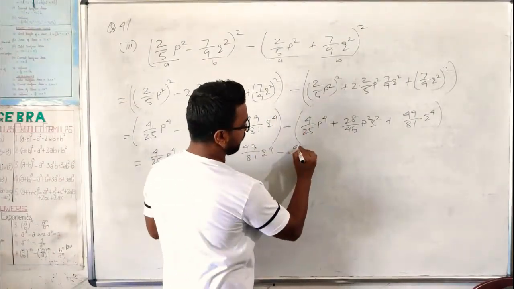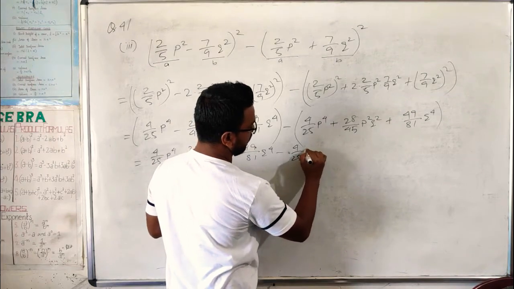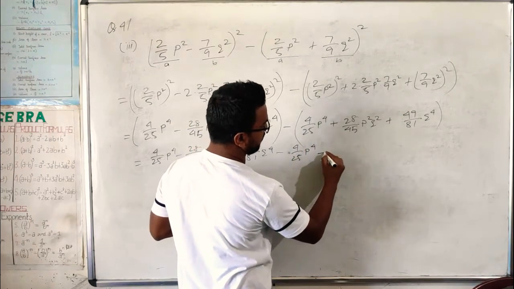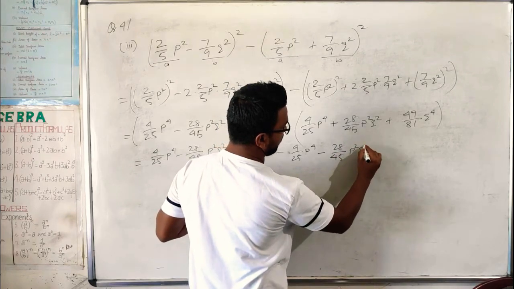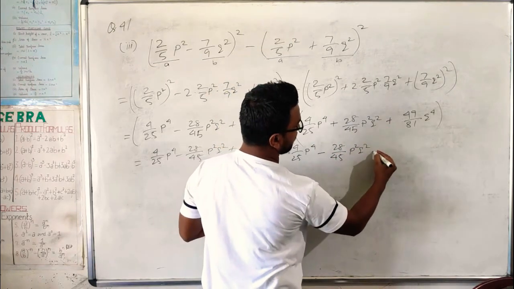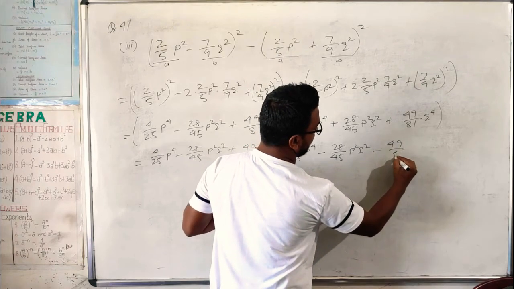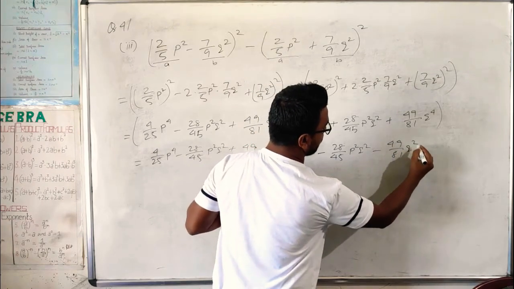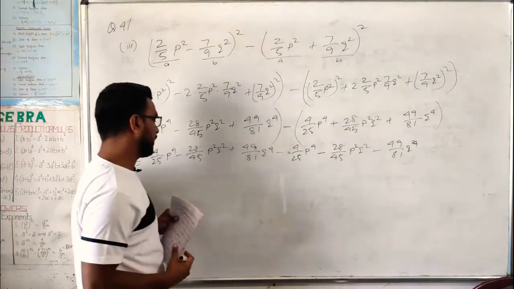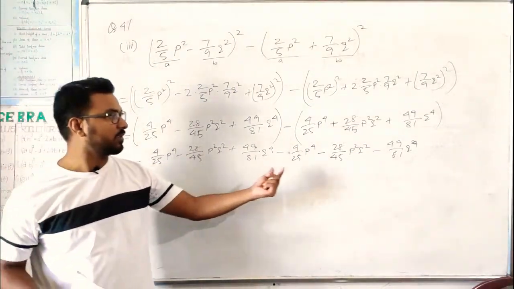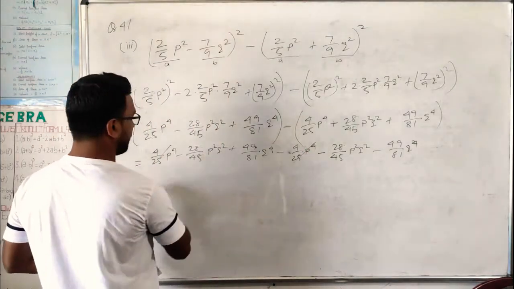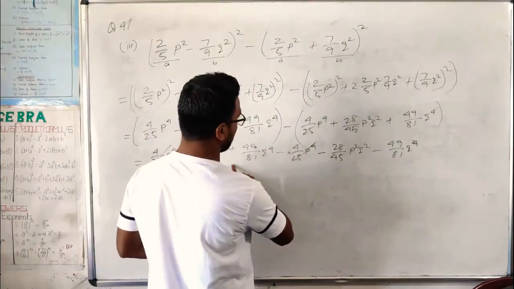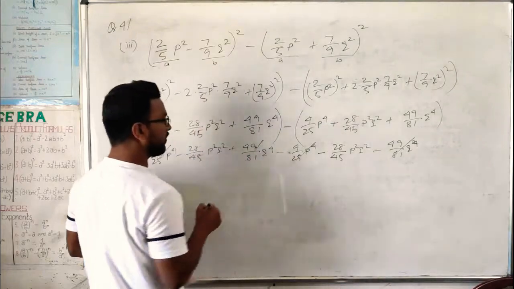So this will become 4 by 25 p to the power 4 minus plus minus 28 by 45 p square q square minus plus minus again 49 by 81 q to the power 4. Okay, now you see this is a plus sign and this is a minus sign. We can cancel it, so we'll cancel this one. Then again this one also we can cancel. One is plus, one is minus. This one also can be canceled.